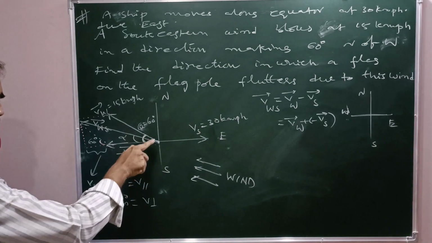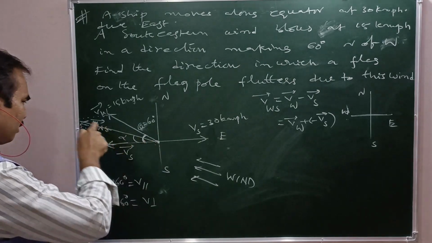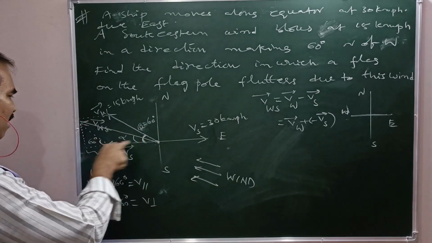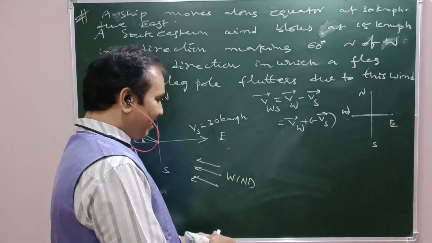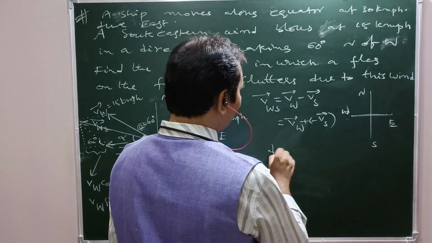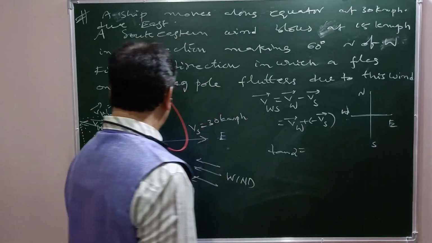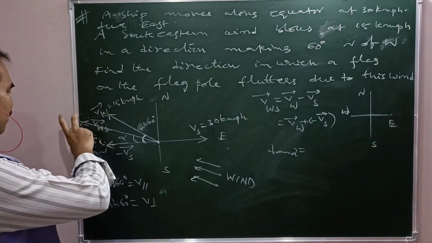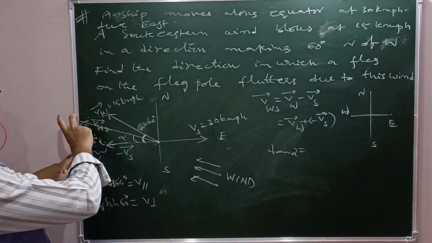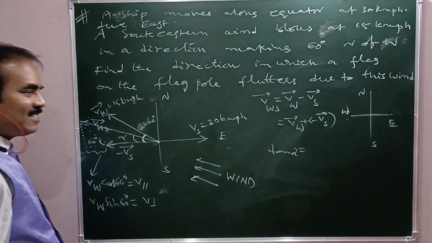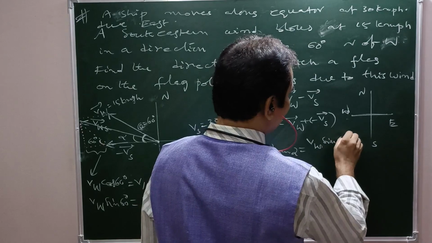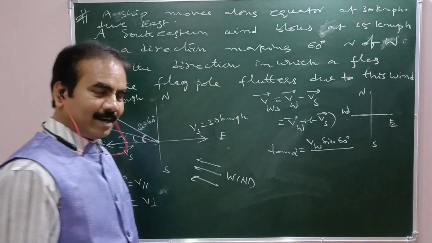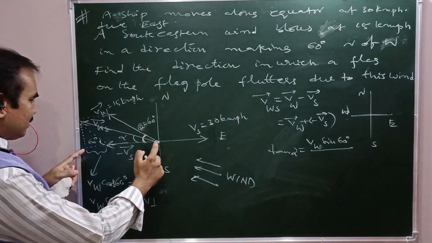Now, taking tan alpha from this right angle triangle, tan alpha equals opposite side by adjacent side. The opposite side is VW sin 60, divided by the adjacent side.